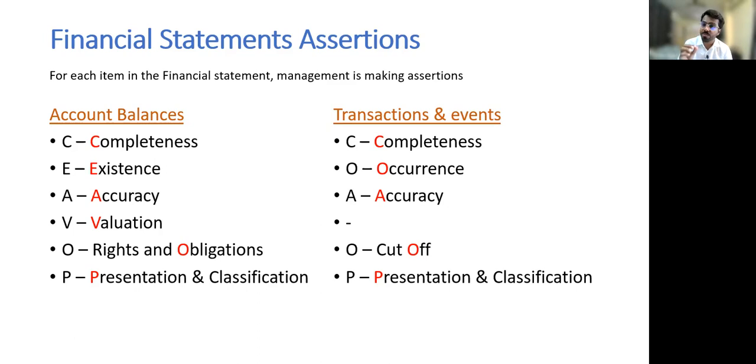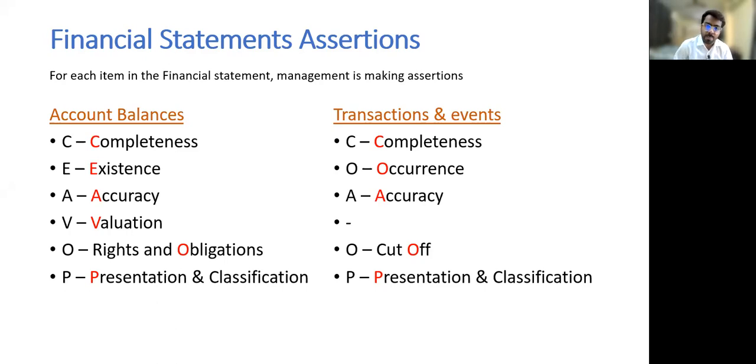What do you mean by cut off? Listen very carefully because it's an important and new concept. Everything which has occurred during the year should be recorded in this year. Everything that has occurred in the next year should be recorded in the next year and not in this year. For example, let's say a sale contract was entered into on 30th December 2022.